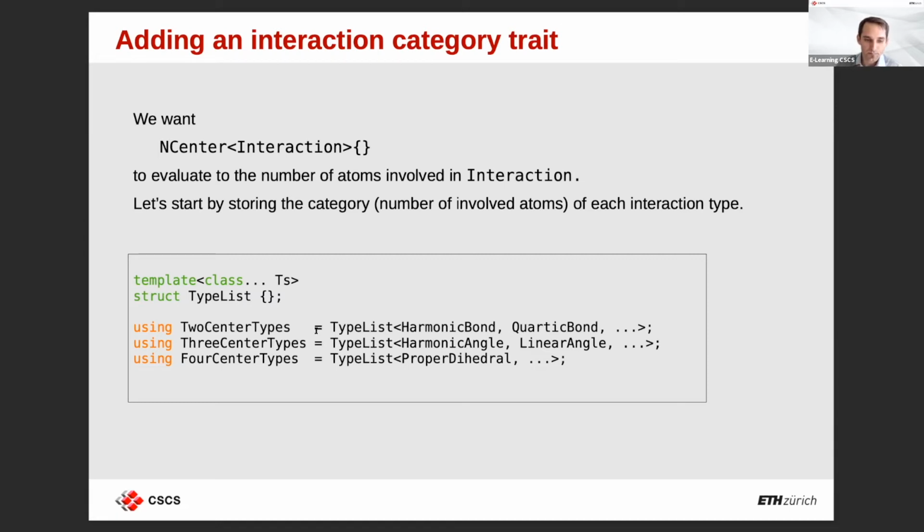You add them to a type list, which, in its most basic form, can just be an empty template with a variadic number of template parameters. So this actually works. That's not a simplification here.